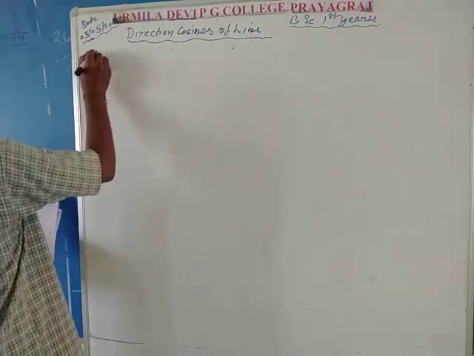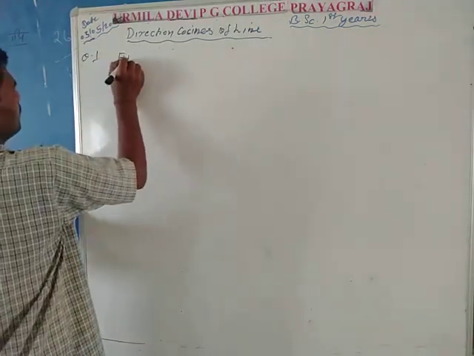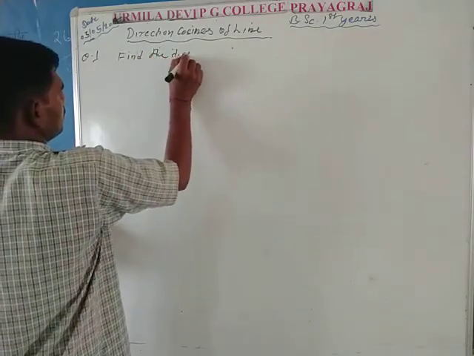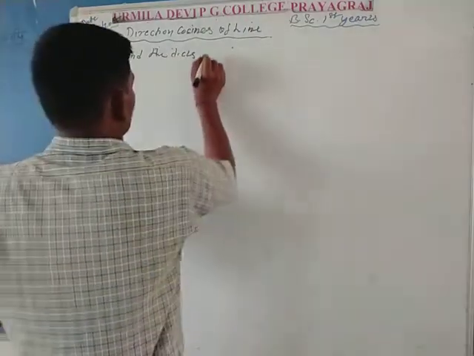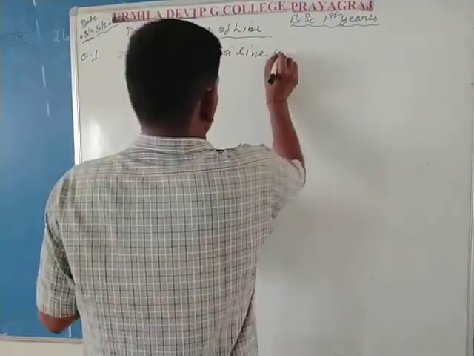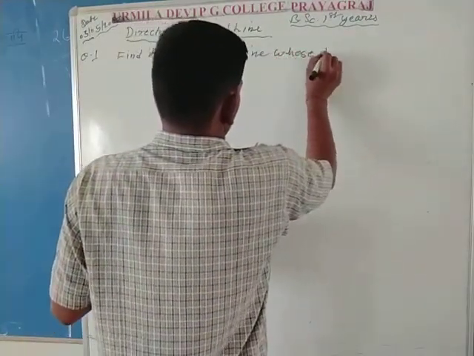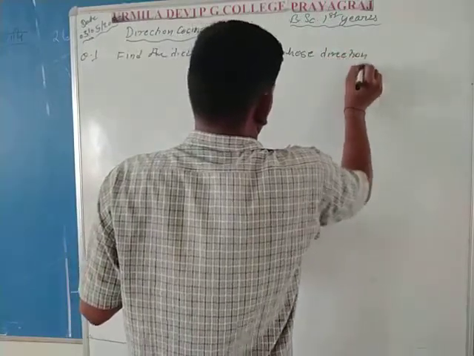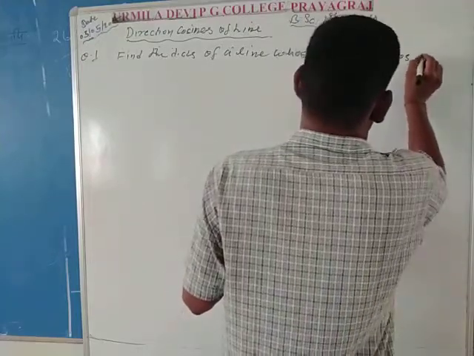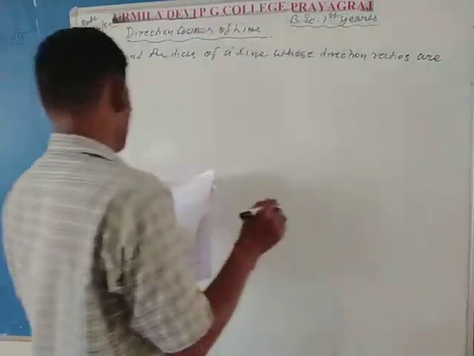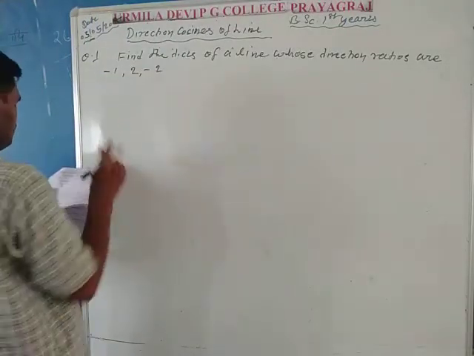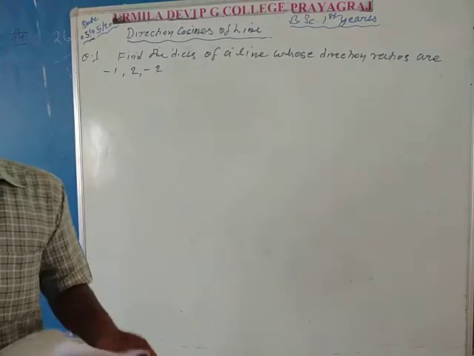Write the question. Find the direction cosines of a line whose direction ratios are -1, 2, -2.